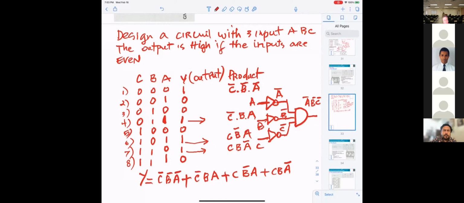For example, after you reduce the equation, you can get around 5 gates. Okay, that's good. Save a lot of money. How to simplify it? That's what you're learning using Boolean algebra.